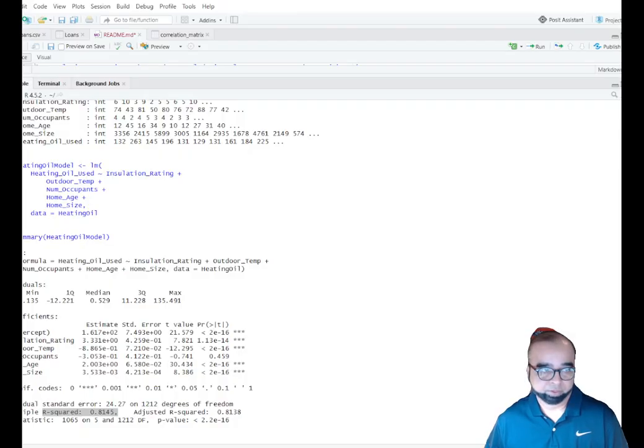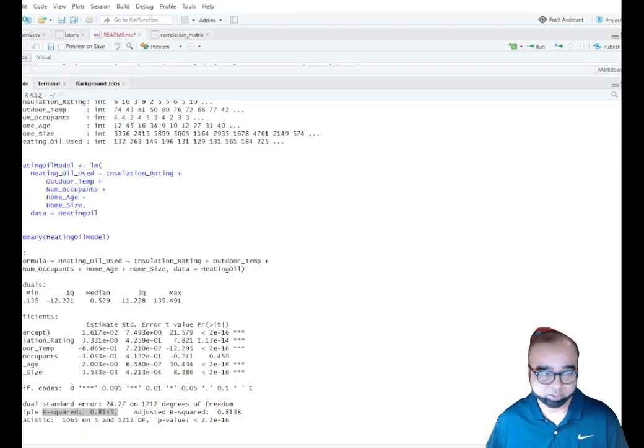The coefficient estimates tell us how each independent variable influences heating oil usage while holding the remaining variables constant. The p-values indicate whether each variable is statistically significant.